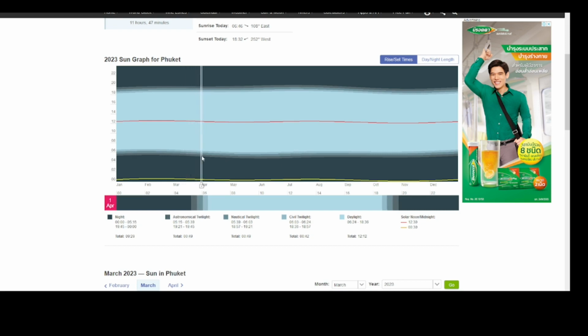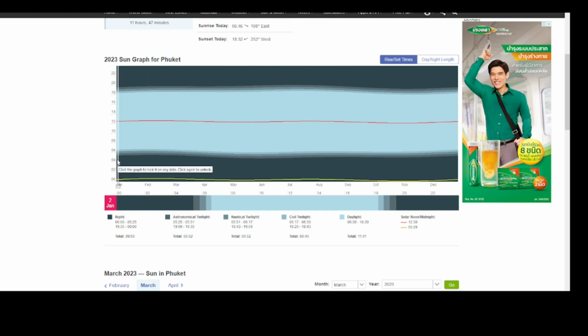All right, and it goes on and up here by May the 14th, 15th, we've got 12 and a half hours. Okay, May the 18th, and it still continues to increase. All right, now it's starting to go down. So from July the 25th in Phuket, we start to see a decrease in the number of hours of daylight. But we've got not much.